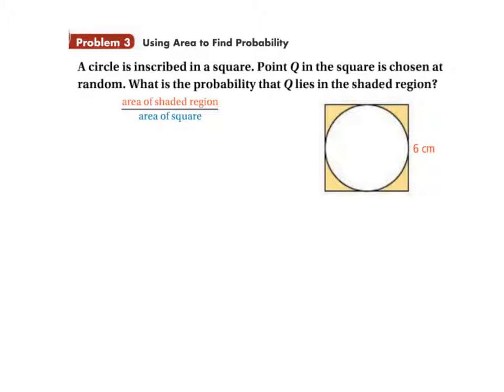So the area of the shaded region is simply going to be the area of the square minus the area of the circle. Because if I find the area of the square, that'd be the whole thing, but you can see that the circle is not shaded.